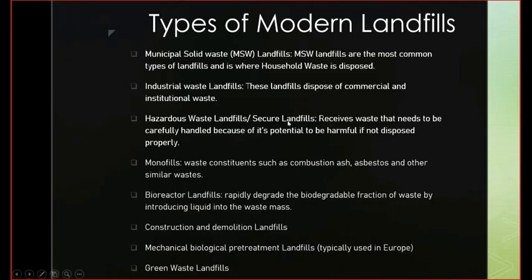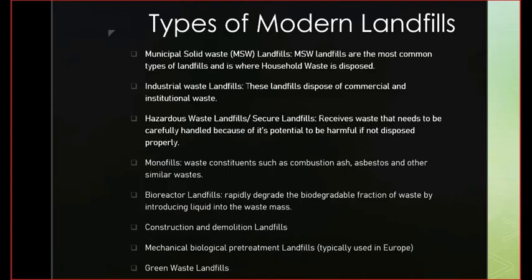And next come the hazardous waste landfills or secure landfills. These usually dispose of all the harmful waste coming from different factories, for example nuclear waste. Next come monofills, which hold mainly combustion ashes, asbestos and other similar waste. Then come bioreactor landfills, which rapidly degrade the biodegradable fractions of waste.